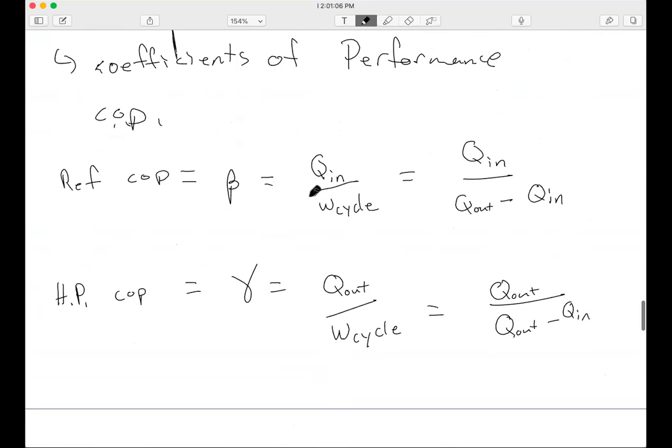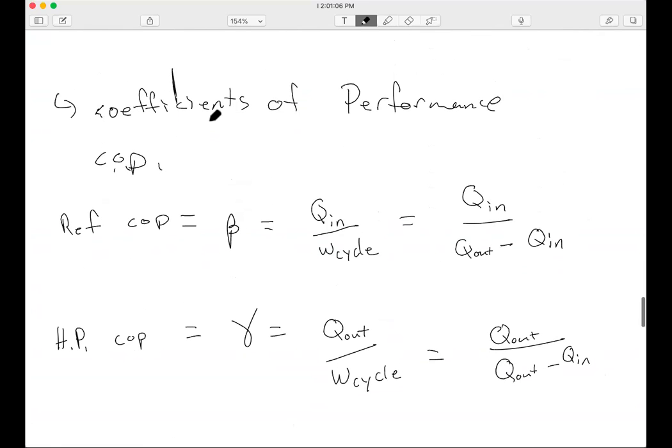So to do this, we define what are called coefficients of performance, the COPs. For a refrigerator, it is defined to be, the book calls it beta, and I think that is common in engineering, but I can never remember which coefficient is beta and which one's gamma. Efficiencies are always eta. That's easy for me. But the coefficients of performance, I can never remember.